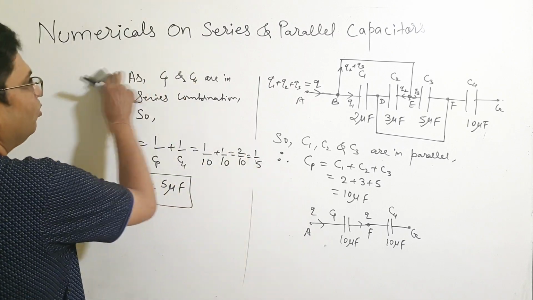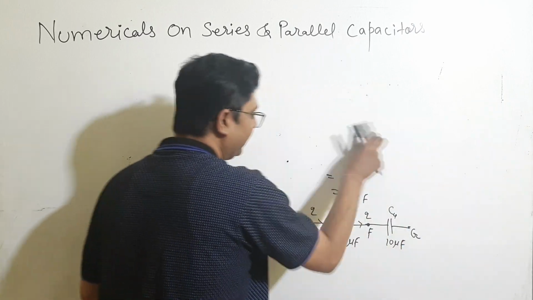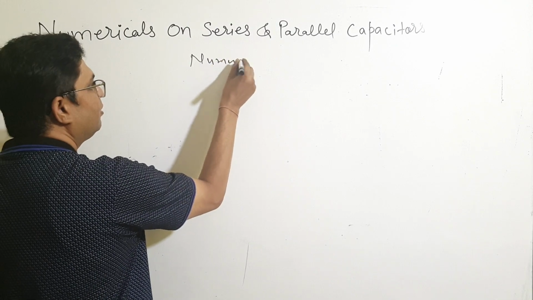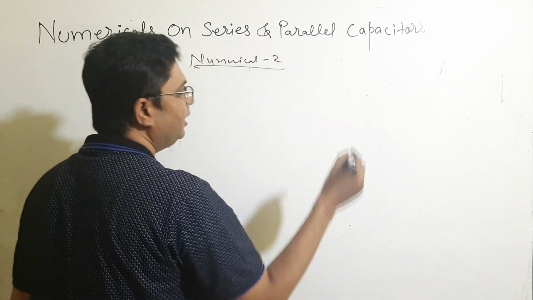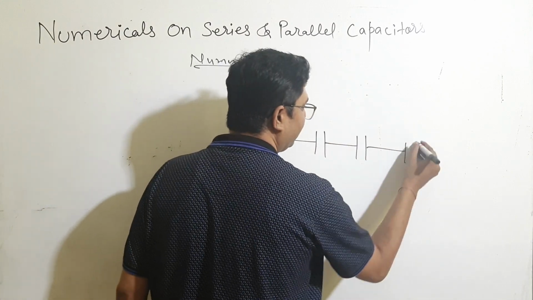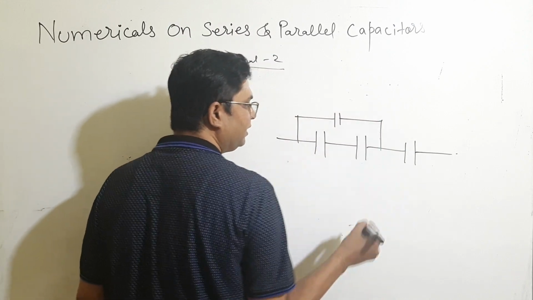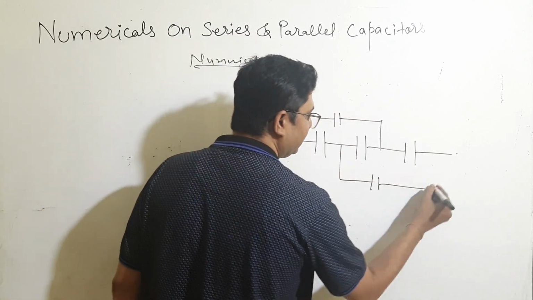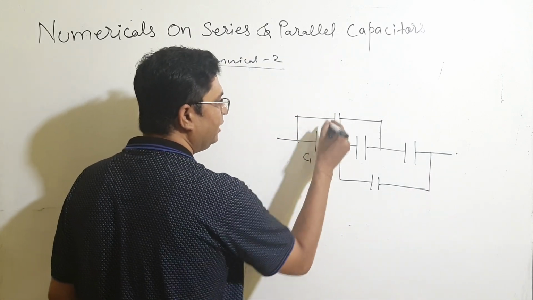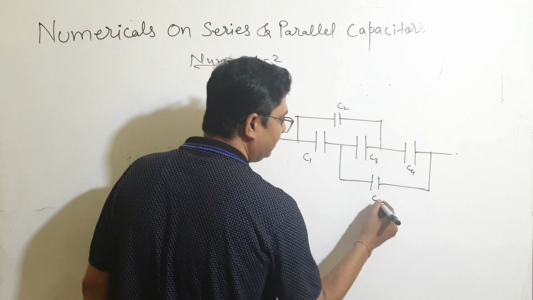Let us have another numerical. Numerical number second. In this numerical, I am taking 1, 2 and 3 capacitors. After that, I connect this capacitor with another capacitor, and here is another capacitor. Now the naming of the capacitors is C1, C2, C3, C4 and C5.